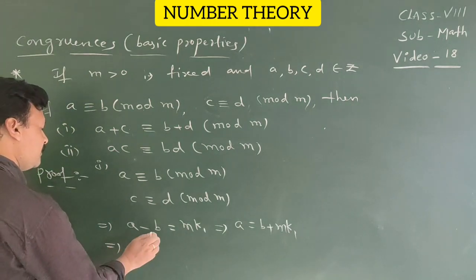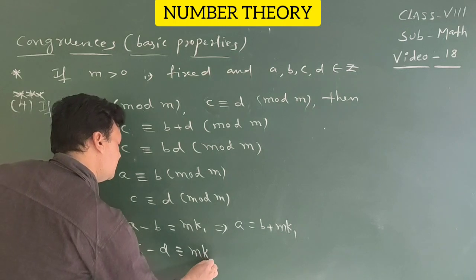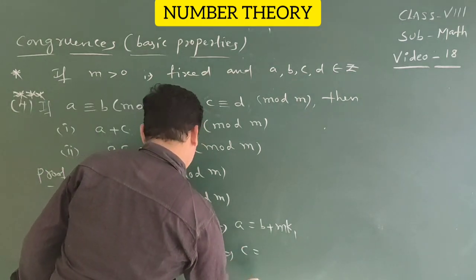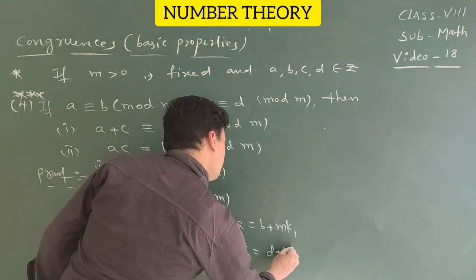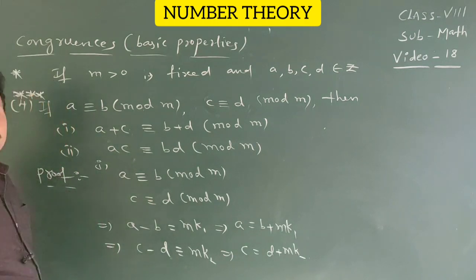Next, C minus D is a multiple of M. So here C equals D plus a multiple of M. Okay.